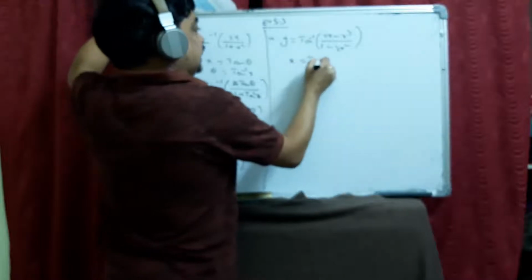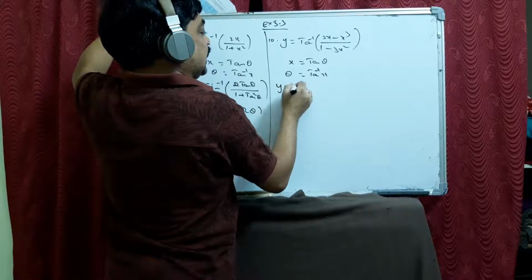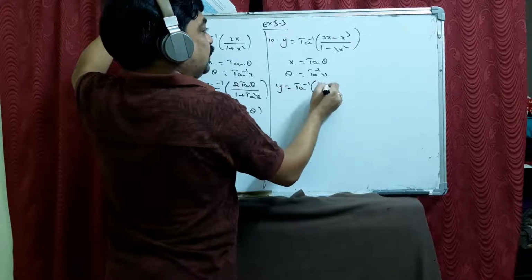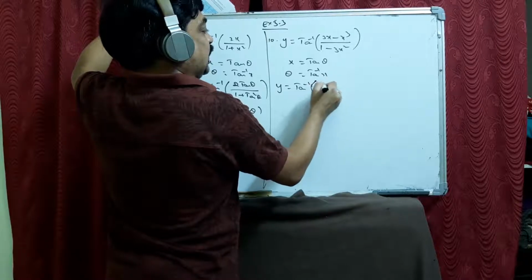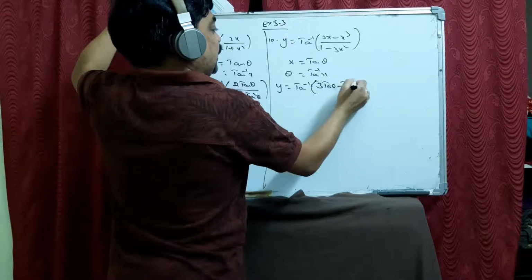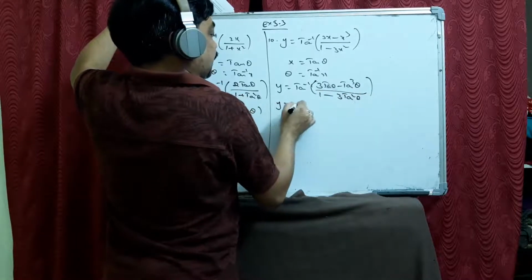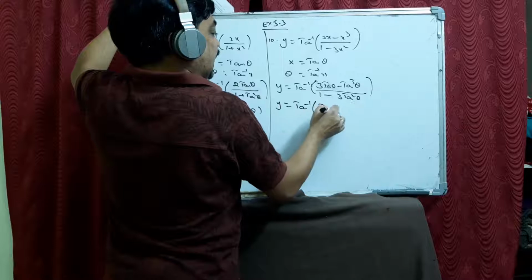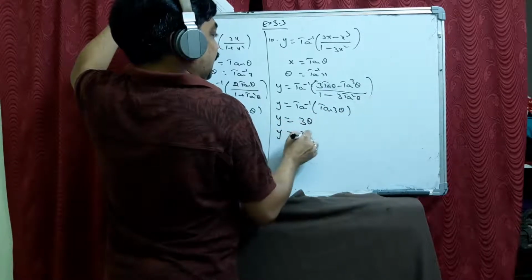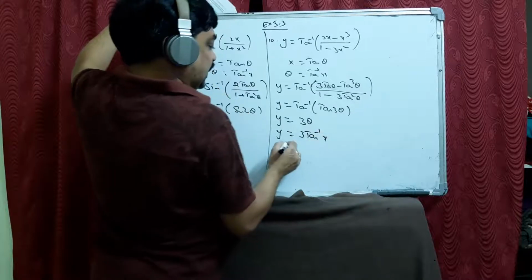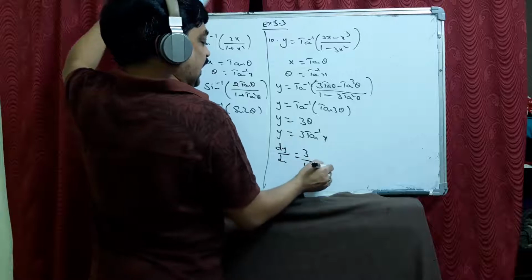Here if I take x as tan theta and theta is tan inverse x, the same thing happens: tan inverse of 3 tan theta minus tan cube theta by 1 minus 3 tan square theta. So it becomes tan inverse of tan 3 theta, and it becomes 3 theta, and what is theta? Tan inverse x. Now if you differentiate this, you will get 3 by 1 plus x square.